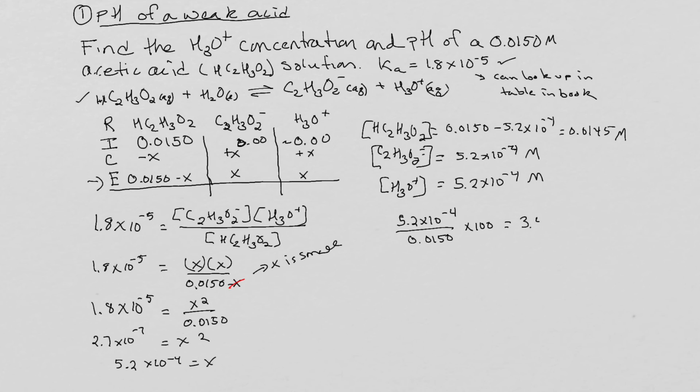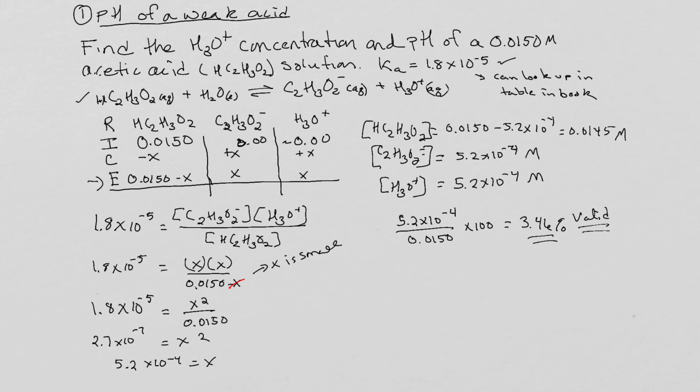And what we get is it's right around 3.46%, so we can say it is valid. So it was perfectly fine to make the approximation, so we're okay with our concentration.